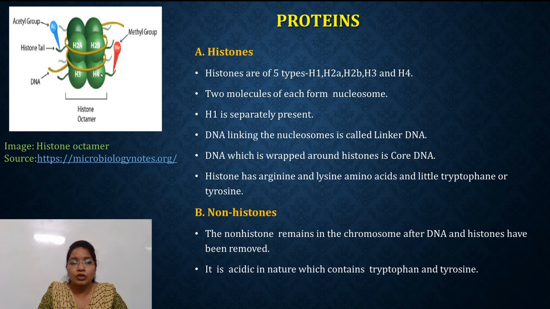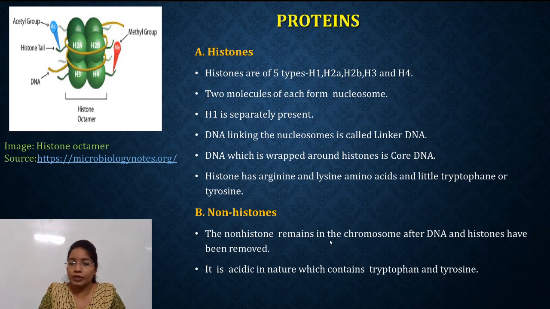Okay, so this is a histone octamer which is formed by two molecules of these histone proteins. Okay. Now these histone proteins have more concentration of two amino acids, that is arginine and lysine. Okay. So these are the histones, and second proteins are the non-histones.